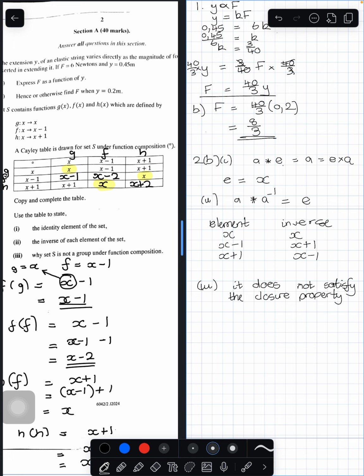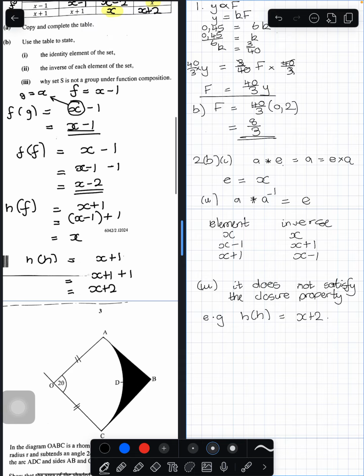If the question wanted you to have an example, you can say, for example, h of h is equal to x plus 2. It's just an example indicating why we are saying that it is not closed.